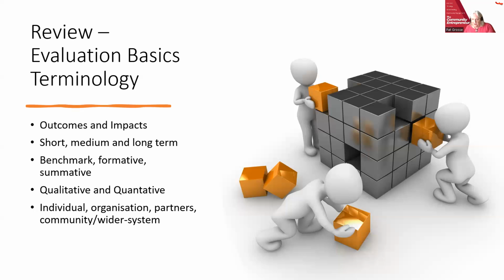That's the short-term outcome. The medium-term outcome is that they might then move into a promotion. And the longer-term outcome might relate to why you've been funded in the first place, and it could be there's more sustainability in their lives.